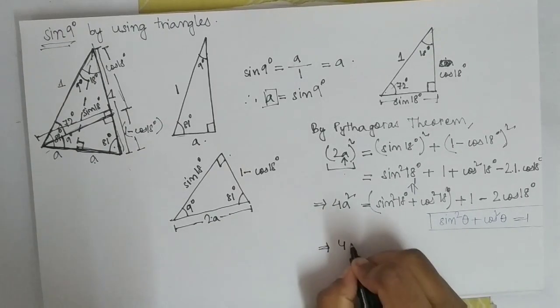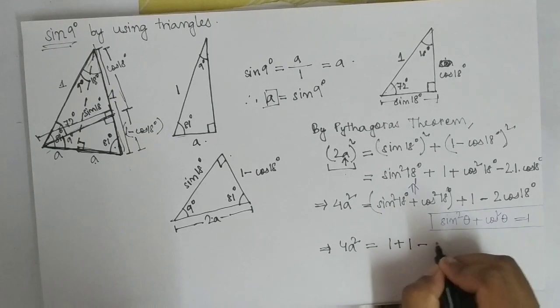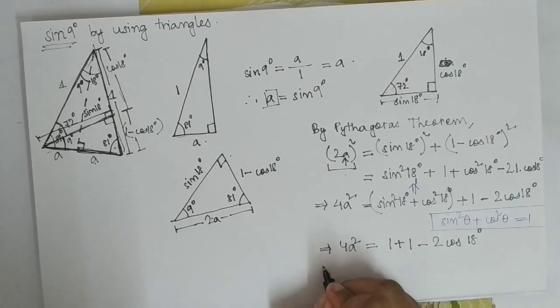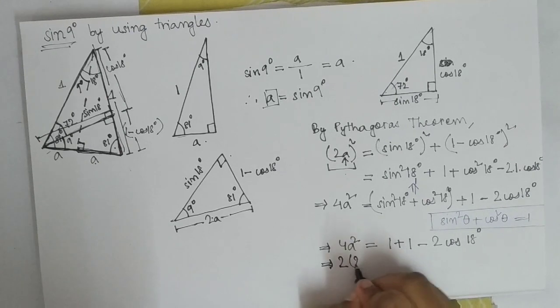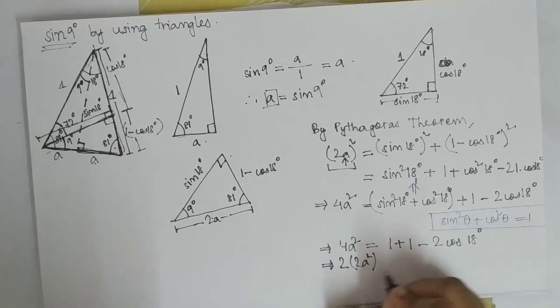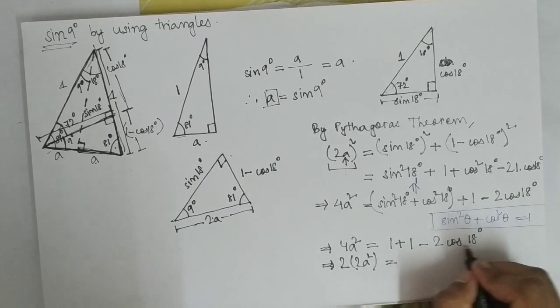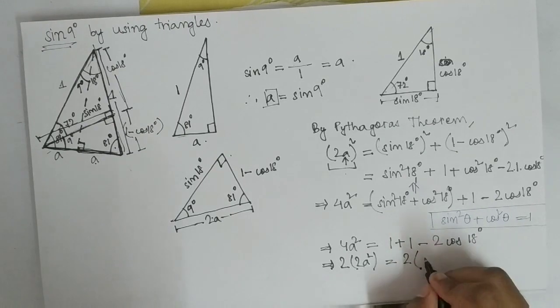So this implies I can write 4 times a square, it's 1 plus 1 minus twice cos of 18 degrees. So twice of a square, it's equals 1 plus 1 will give you 2 minus twice of cos 18 degrees. So I can take out 2 common.